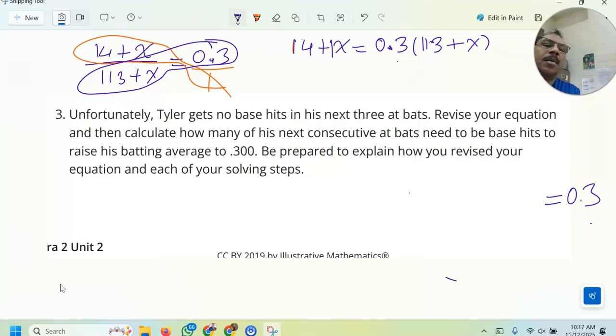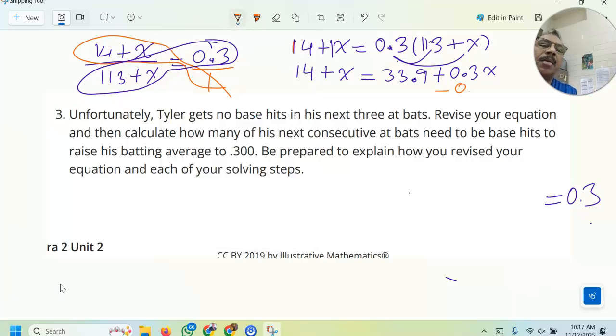Okay. So let's use the distributive property here. So when you multiply, you get 33.9. You can check with your calculator. And this will be 0.3x.